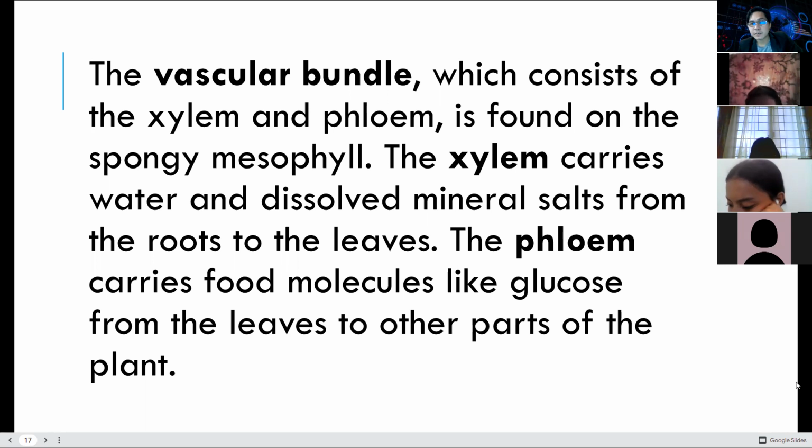It carries the ones being absorbed by the roots for nourishment. The phloem carries food molecules like glucose from the leaves to the other parts of the plant. The phloem carries now what? The output or the product, which is the glucose. Again, xylem carries water from the roots and phloem distributes the output or the product, which is glucose.